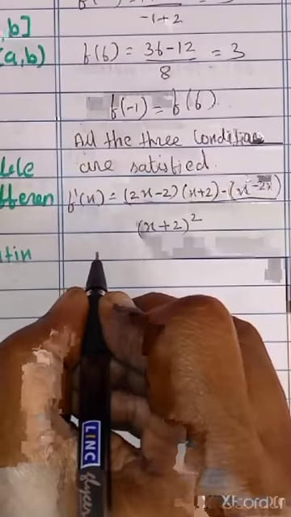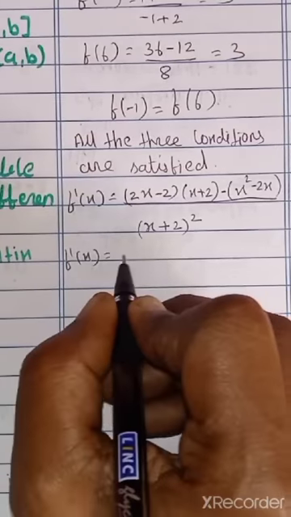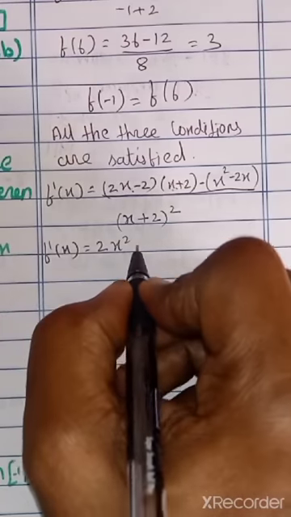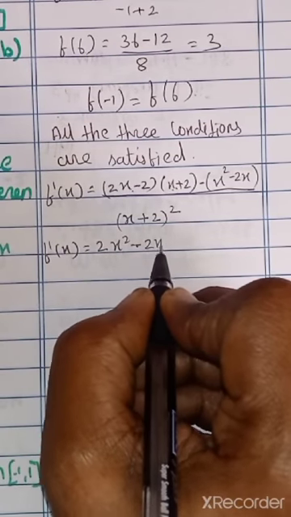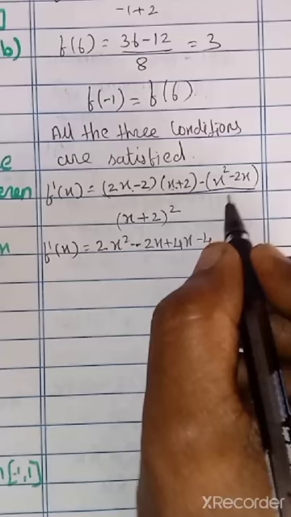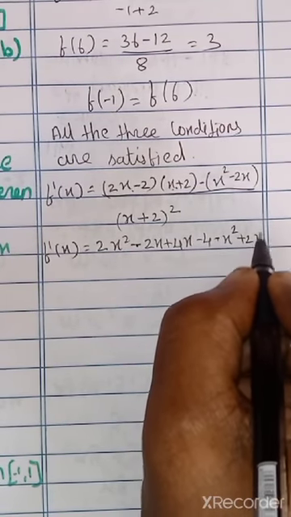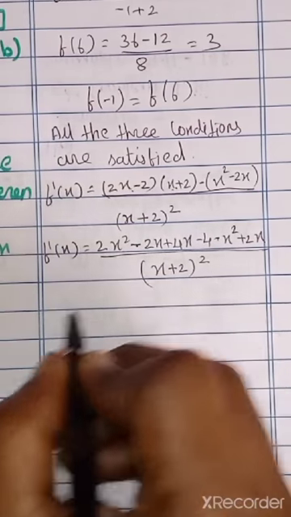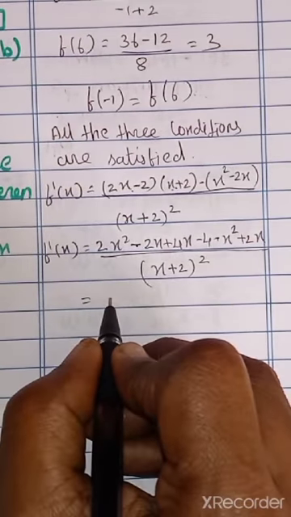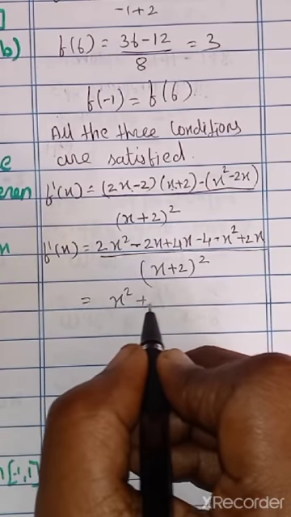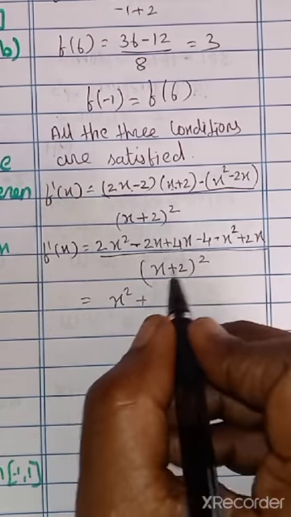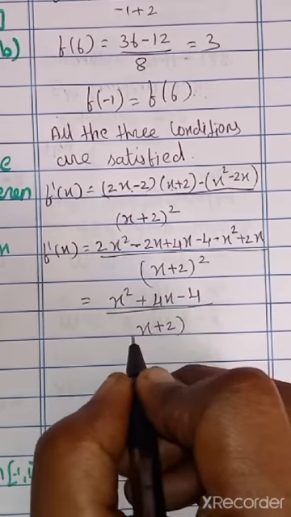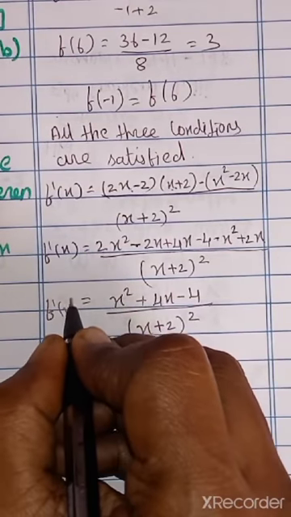If you simplify this, f dash of x equal to 2x square minus 2x plus 4x minus 4, minus x square plus 2x, divided by x plus 2 the whole square. Simplifying further, x square, the other terms cancel, so x square plus 4x minus 4 divided by x plus 2 the whole square. This is your f dash of x.